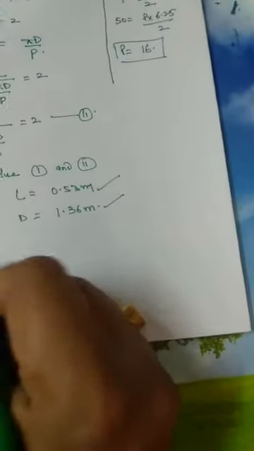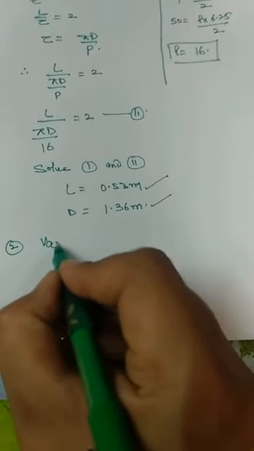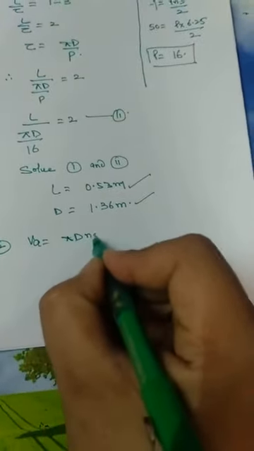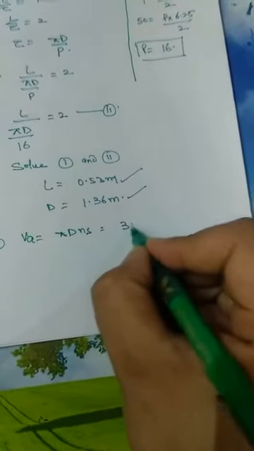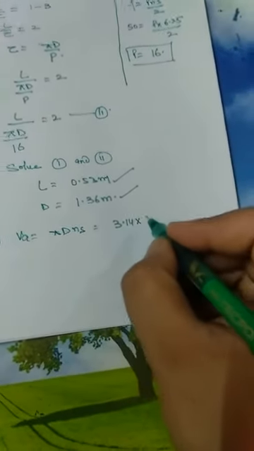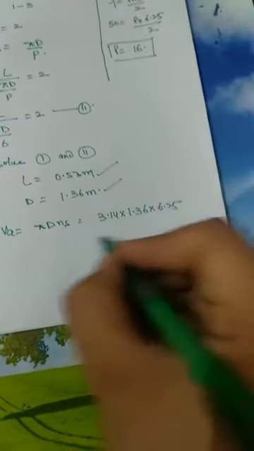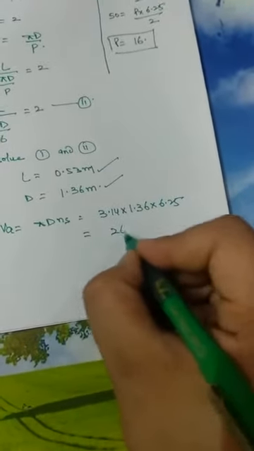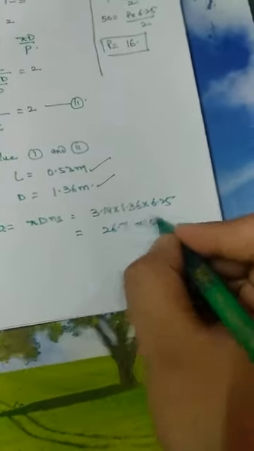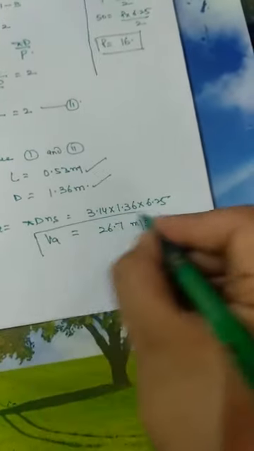Next we have to calculate the peripheral speed, given by the formula Va equals pi D Ns, which is 3.14 into 1.36 into 6.25. When you solve it, the value becomes 26.7 meter per second.